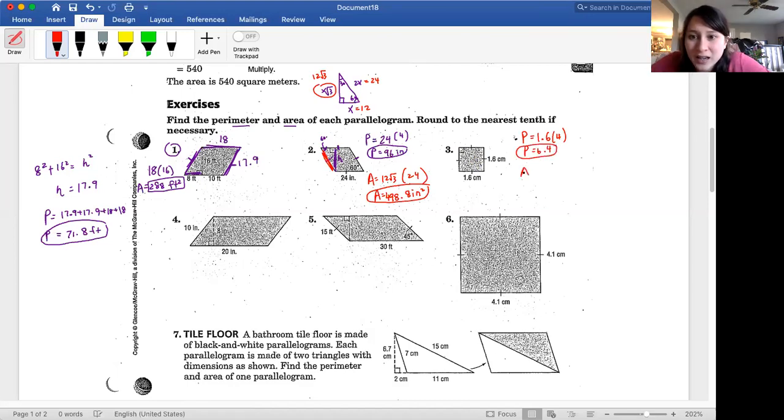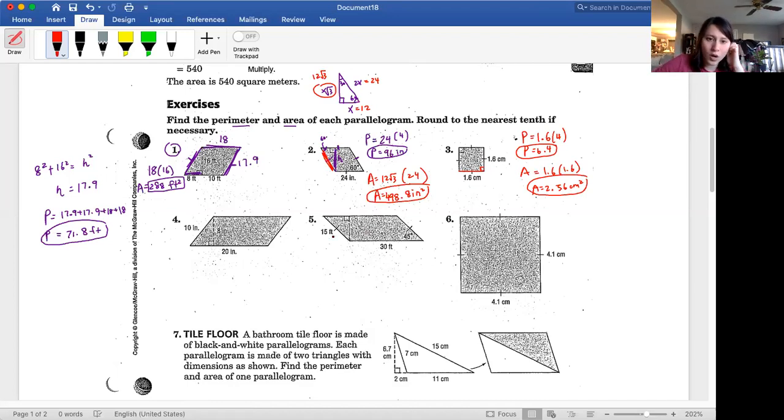And then the area, this is my base. They make a right angle. That's my height. So it's just 1.6 times 1.6. 2.56. Area is 2.56 centimeters squared.